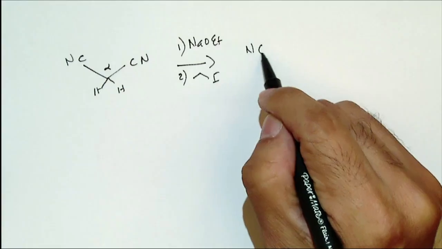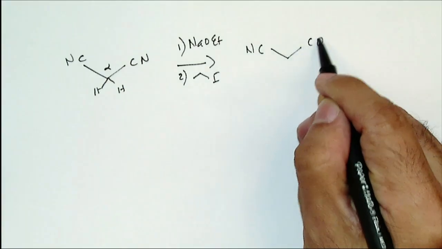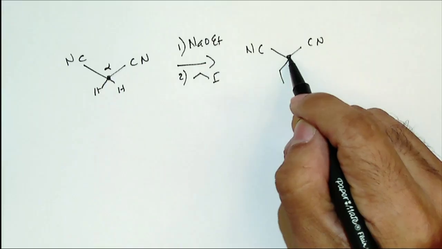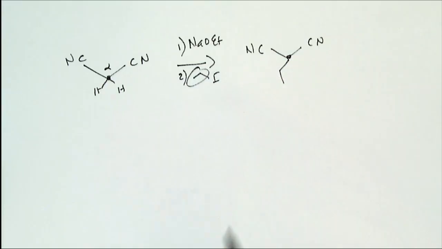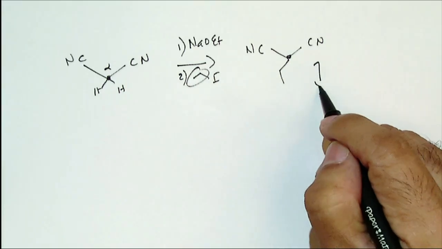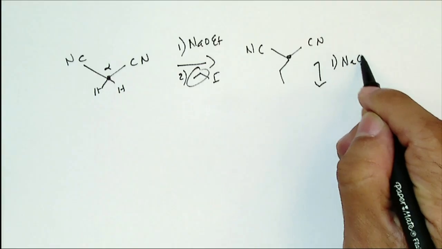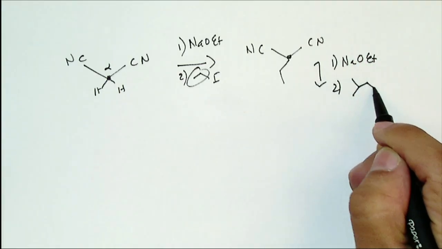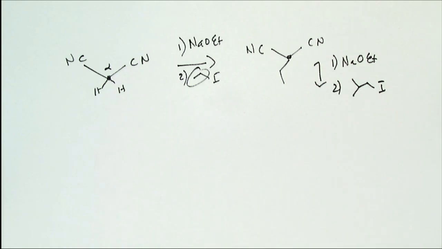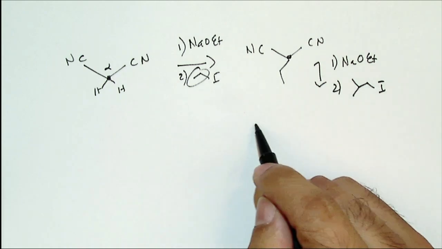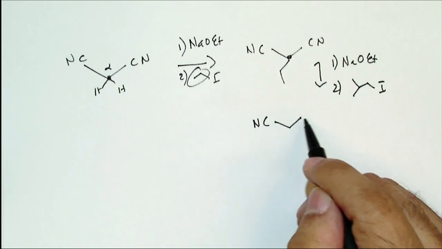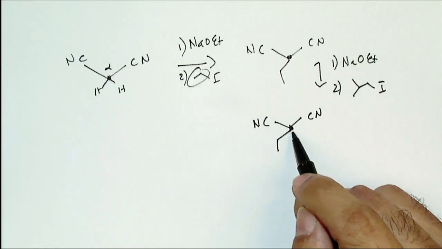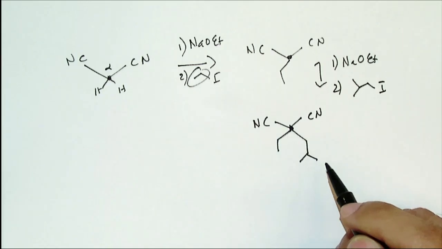So what I'm going to get then is an initial alkylation where I add to my alpha carbon the ethyl group, which is that. And if I take that and I treat again with another equivalent of base, sodium ethoxide, and this time, let's say I use the isobutyl iodide, then what it means is I'm going to get a second alkylation at that alpha position where I add isobutyl group.